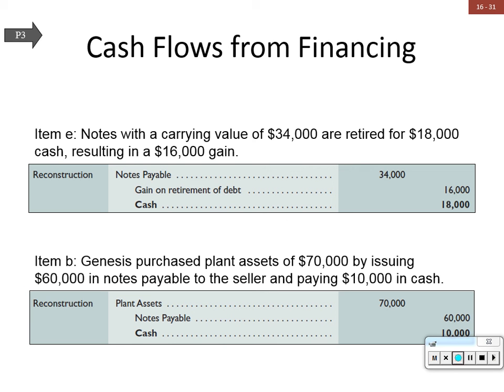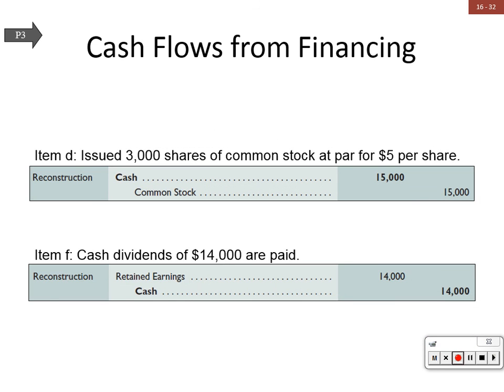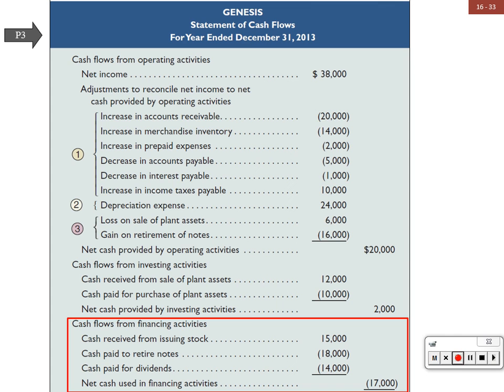Notes payable. Not the notes payable, that has nothing to do with it. You guys know this. Why did you not record the 10,000 that you paid for a plant asset in the previous transaction?